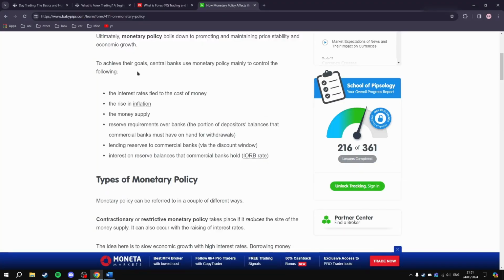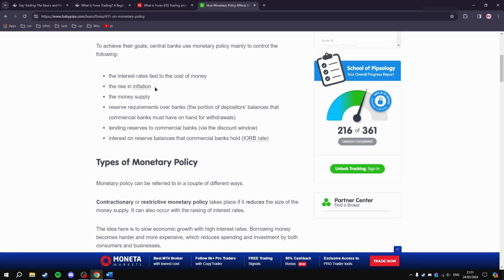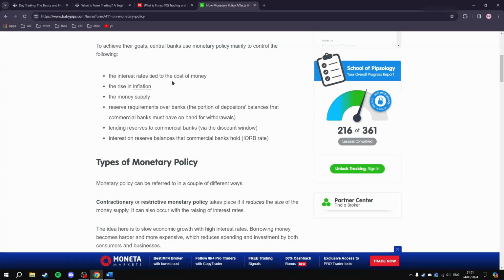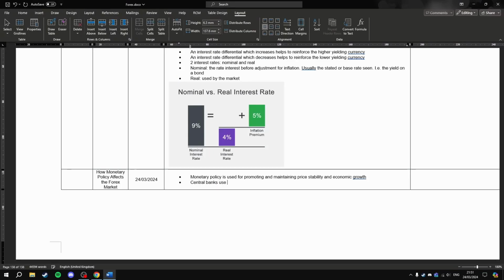To achieve their goals, central banks use monetary policy mainly to control the following.